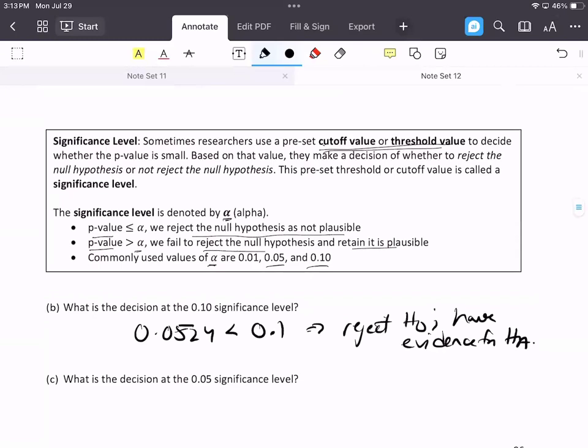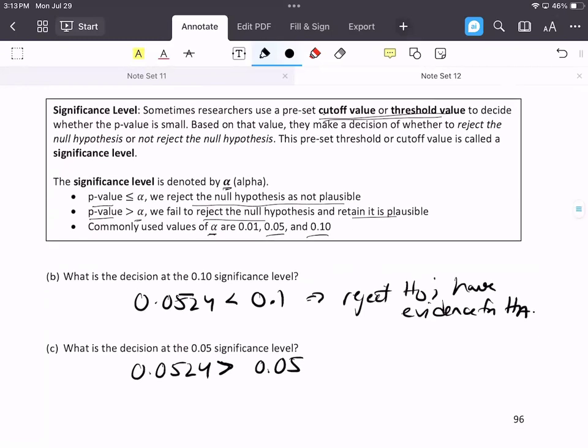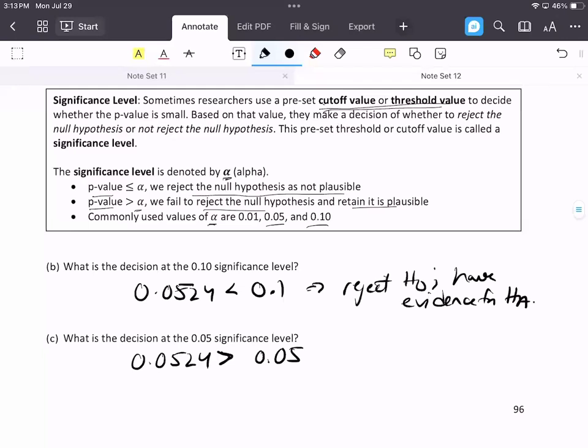What's the decision at the 5%? Well, once again, we're going to take our p-value and compare it. They're close, but this is bigger than the 0.05. 0.05 is stricter. It's a smaller value. Here, are we going to reject?